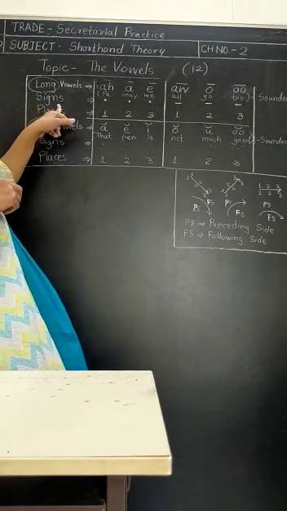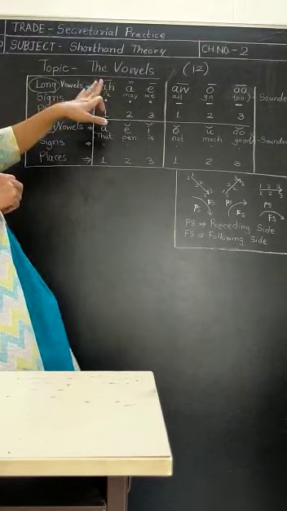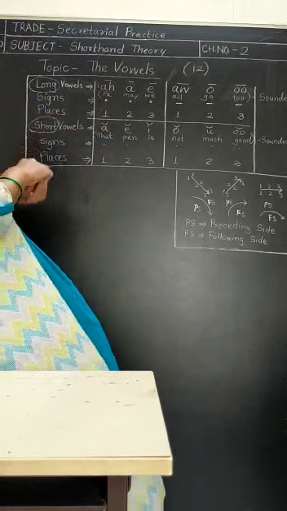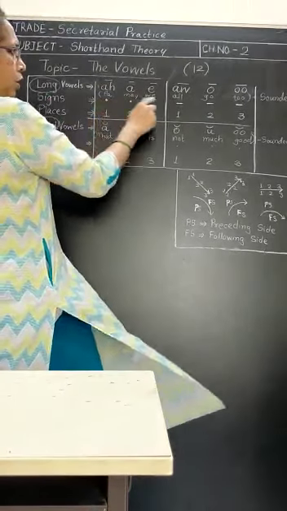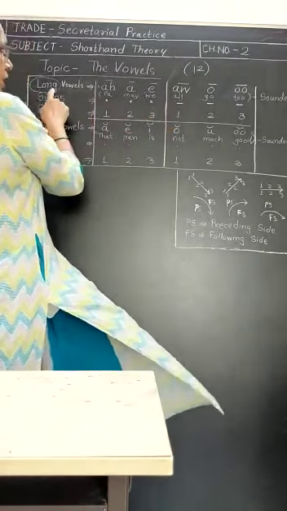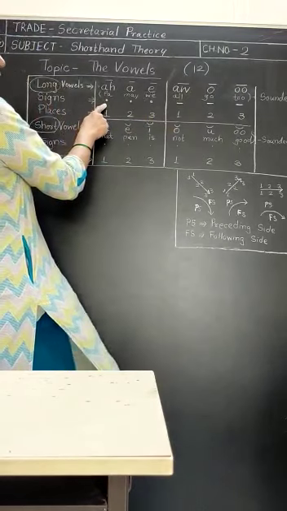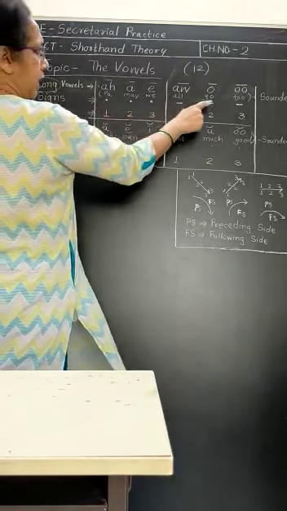There are signs given to these vowels. They are shown or written by dot or dash. For long sounded vowels, there are heavy dots and heavy dashes.